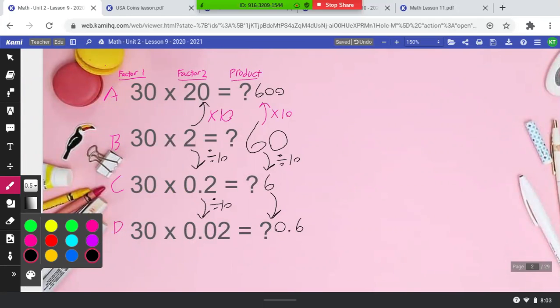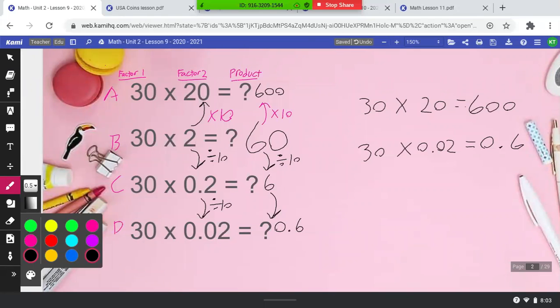But let's say that I went from 30 times 20 equals 600, and I just jumped straight to 30 times 200ths. What was the change?